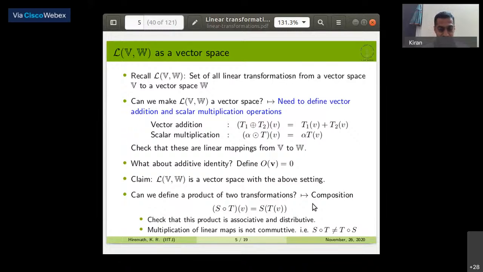And then here is a very nice question. Suppose S composite T is equal to T composite S for any T and S in this set, then what happens? This is very, very important. Linear algebra has a lot of applications in quantum mechanics. Quantum mechanics has two kinds of formulations.